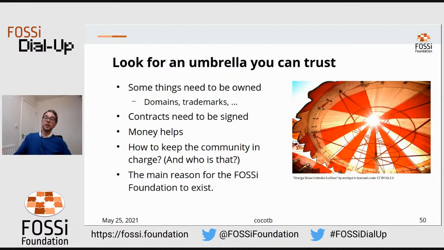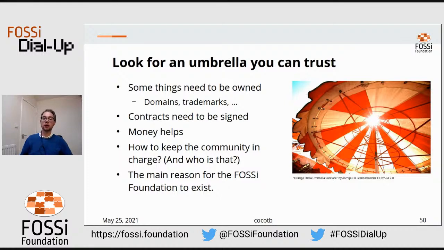And the reason why we founded the FOSSi Foundation is actually to give an answer to all those questions. The FOSSi Foundation is a community interest company. It is community owned and not-for-profit, and we, as the FOSSi Foundation, make sure that the trademarks, the contracts, all of those things are moving along with the community.